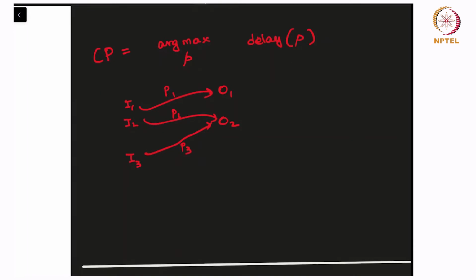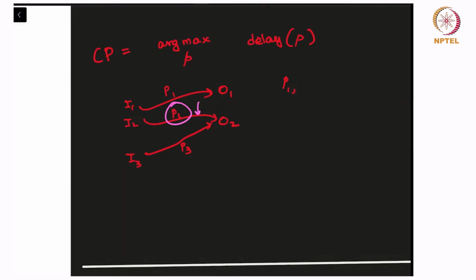Now, just because you found the critical path, let's say it's P2, and you reduced its delay, that doesn't mean all the other paths' delays reduce.